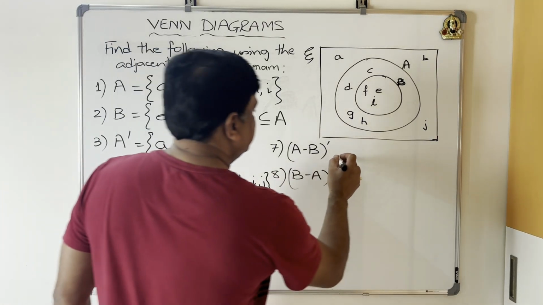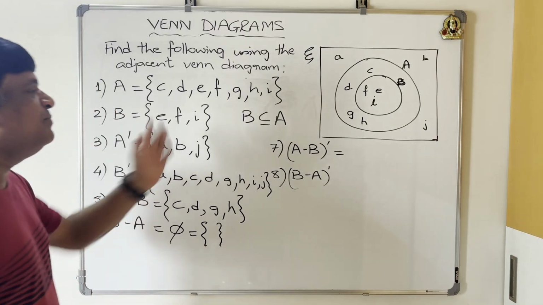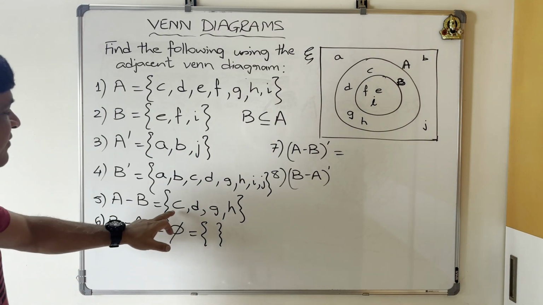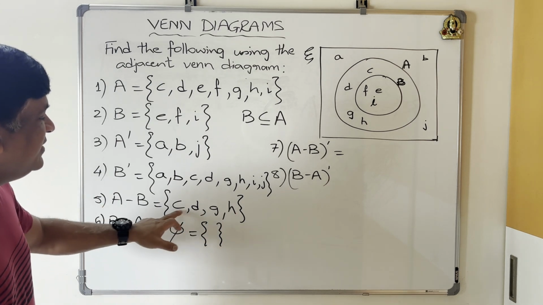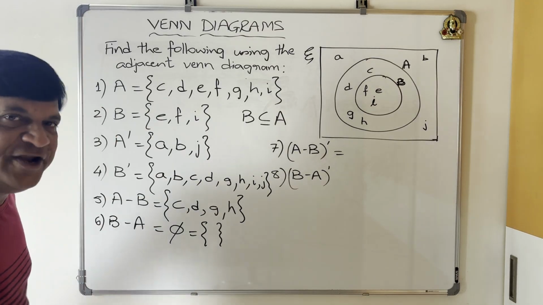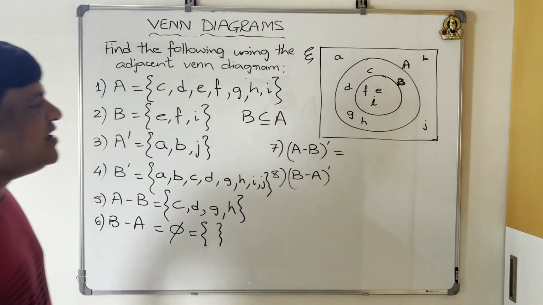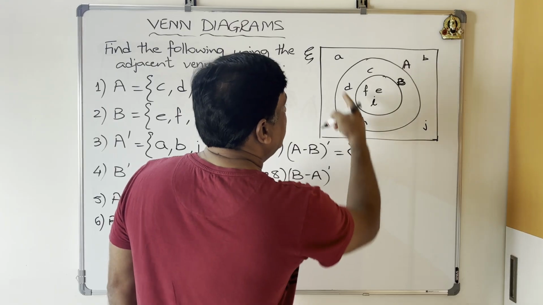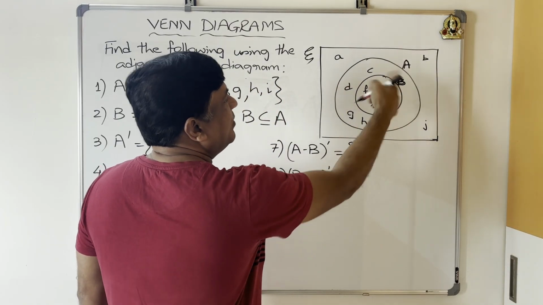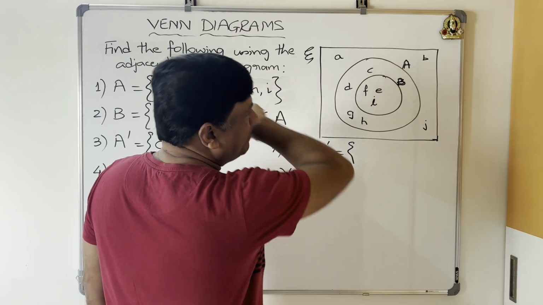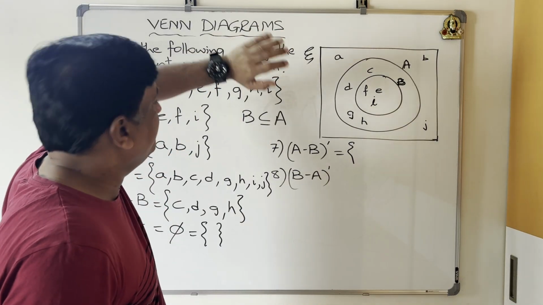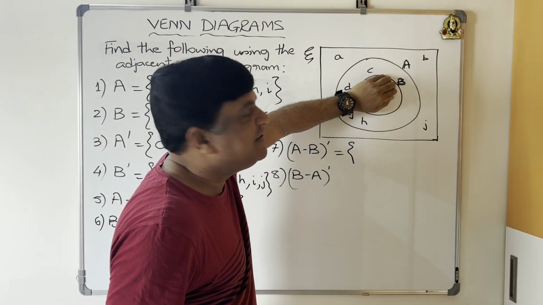Okay? So now next one, A minus B complement. What do you have in A minus B over here? A minus B, you have these elements, right? What is the complement of it? It's the other side of it, other side of A. So you need to include all the elements which are outside of A, right? Basically not these four but others. Can you include these?